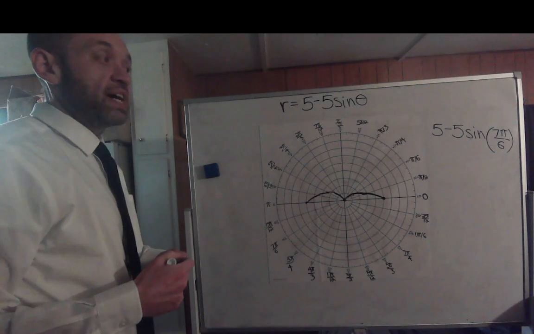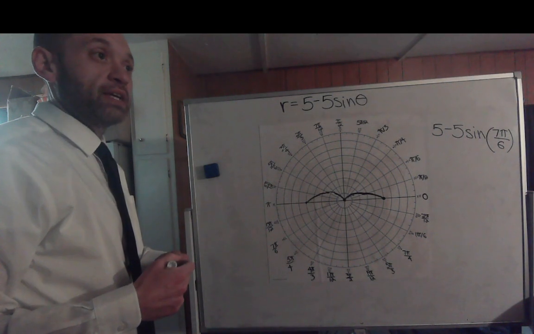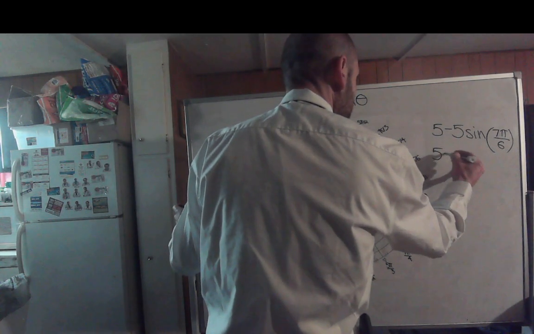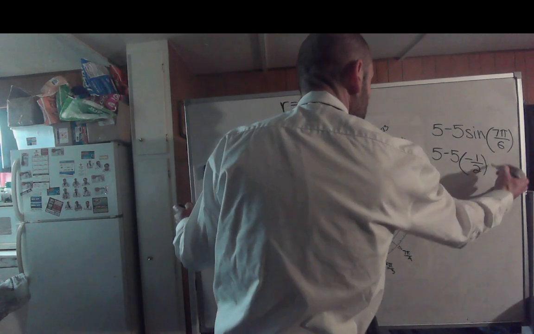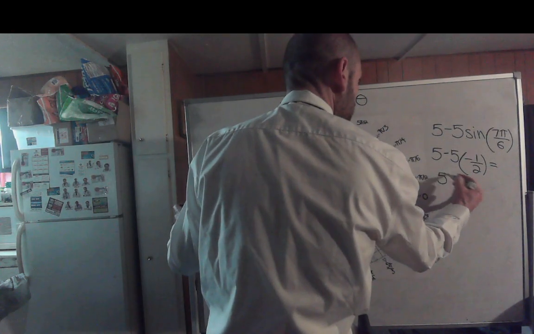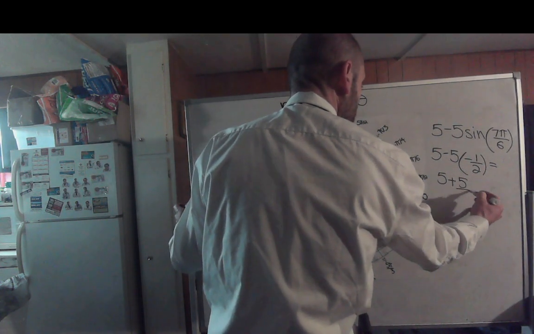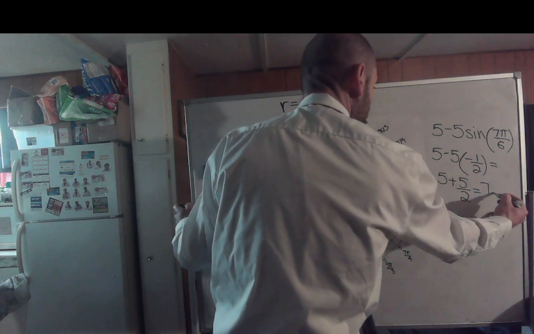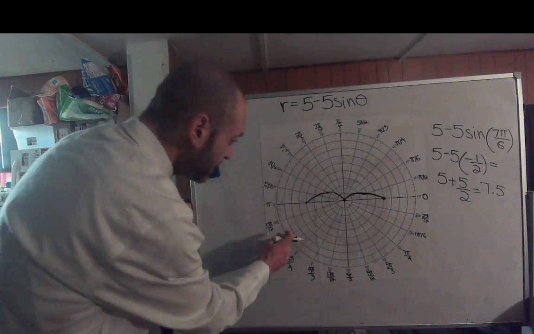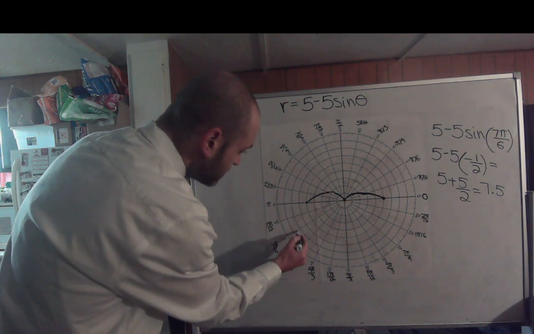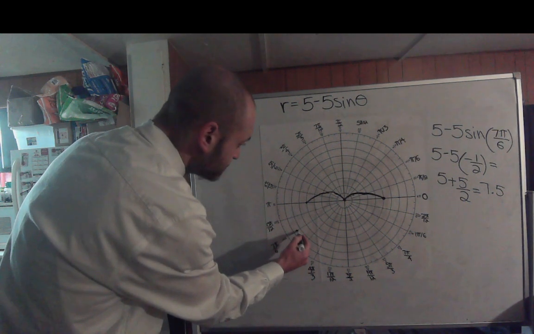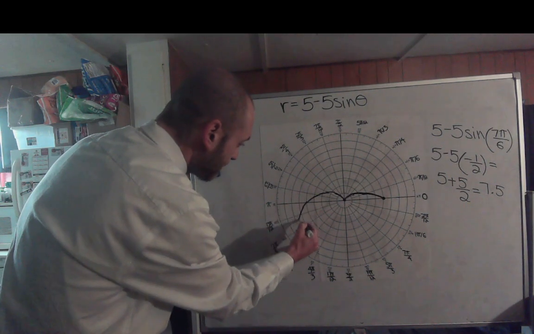So the sine of pi over 6 normally is 1/2, but you negate that, you would actually have 5 minus 5 times negative 1/2, which would actually give you 5 plus 5 halves, which would come to 7.5. So at 7 pi over 6, we're all the way to 7.5, which would put you right there. So let's go ahead and start connecting.